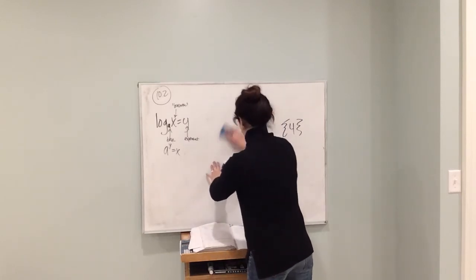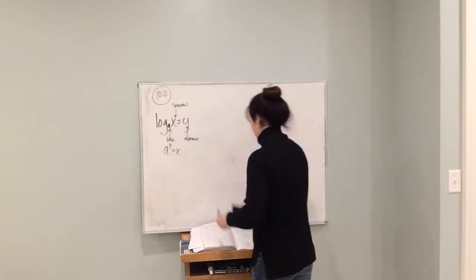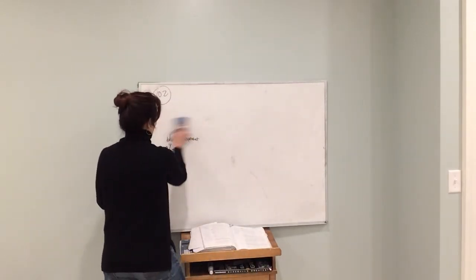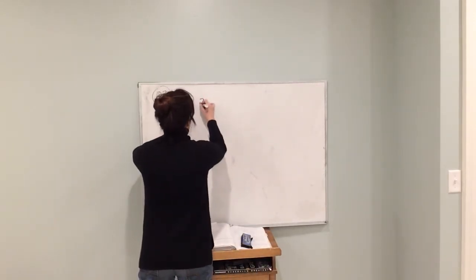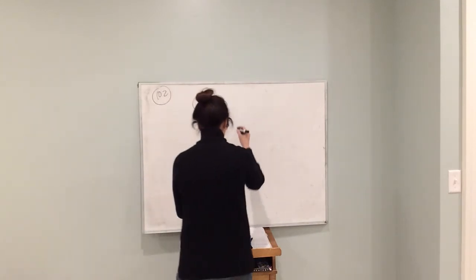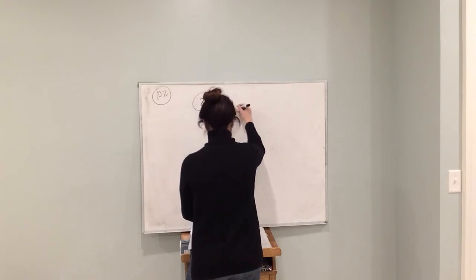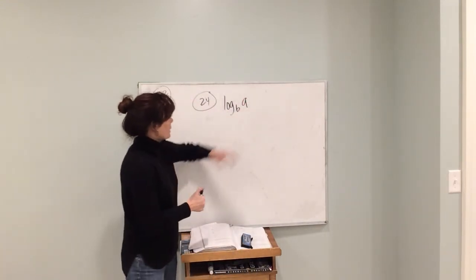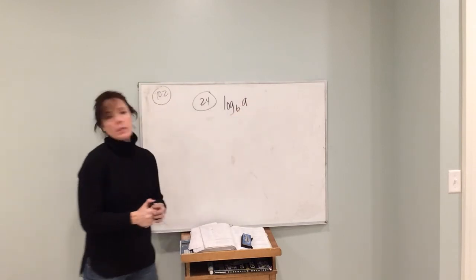All right, let's look at 24, and let's have that be our last one for this section. 26, you don't need to, we didn't do those kinds. So 24 says in your own words, so your words might be different than mine, explain the meaning of log base b of a. Remember, a logarithm is an exponent.